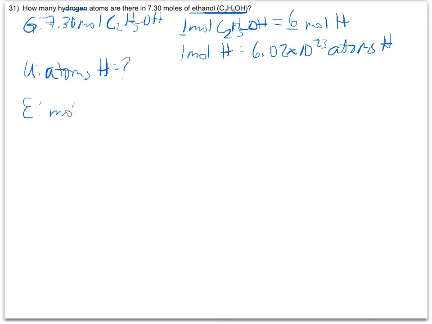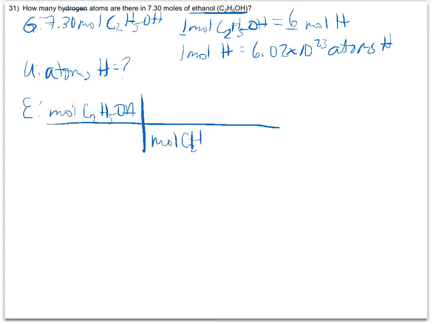That's what we were given. Moles of C2H5OH, or ethanol, which means that we need moles of ethanol on the bottom so that it cancels, and moles of hydrogen on top.